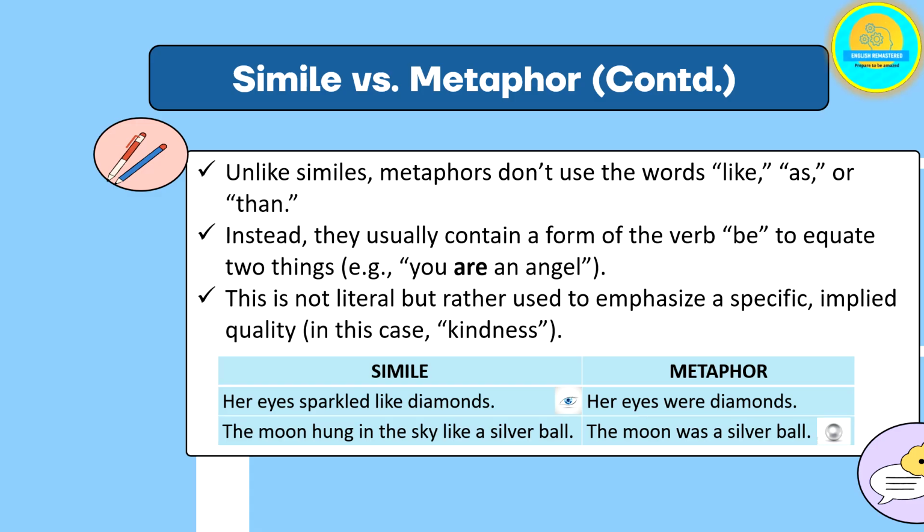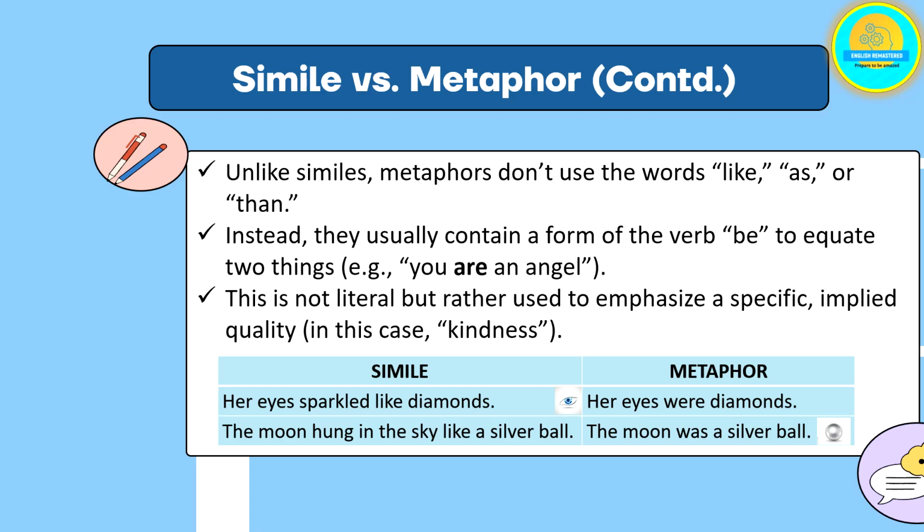Further, unlike similes, metaphors do not use words like, as, or than. Instead, they usually contain a form of the verb be to equate two things. For example, you are an angel. This is not literal, but rather used to emphasize a specific implied quality, in this case, kindness.